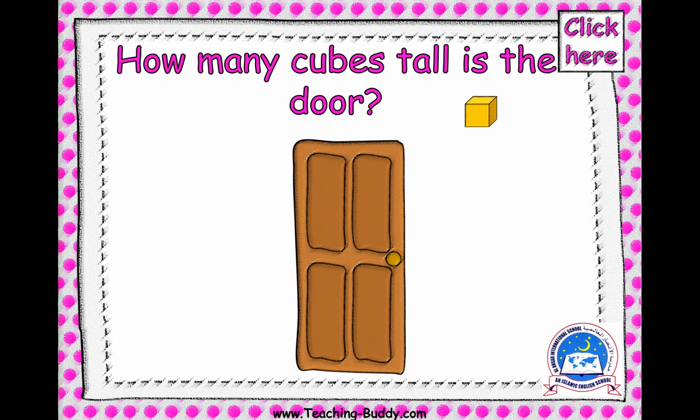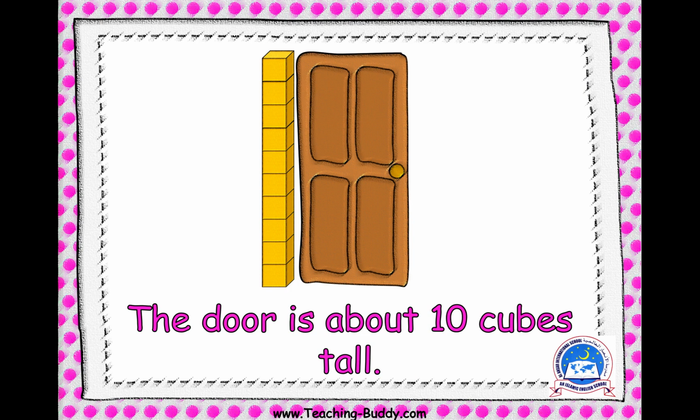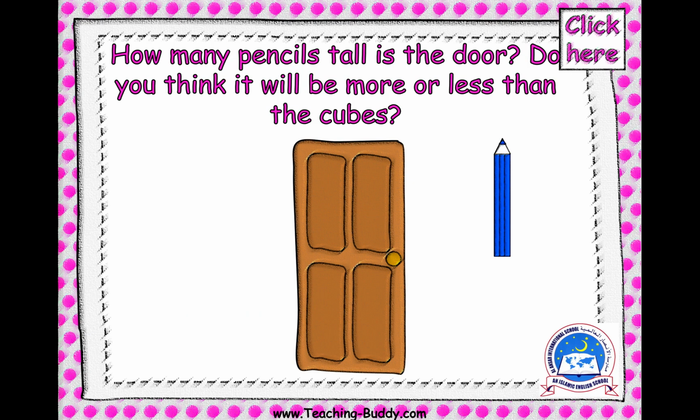Let's try another one using another length measuring unit. Here we're going to use blocks. How many blocks or how many cubes tall is the door? Let's count. 1, 2, 3, 4, 5, 6, 7, 8, 9, 10. So the door is about 10 cubes long. Now let's try using something else.